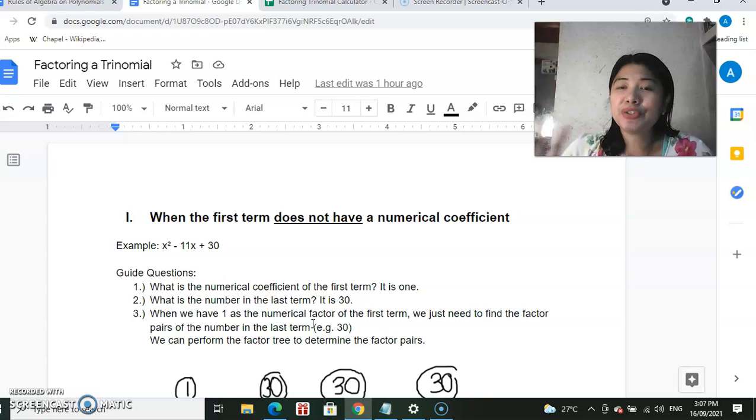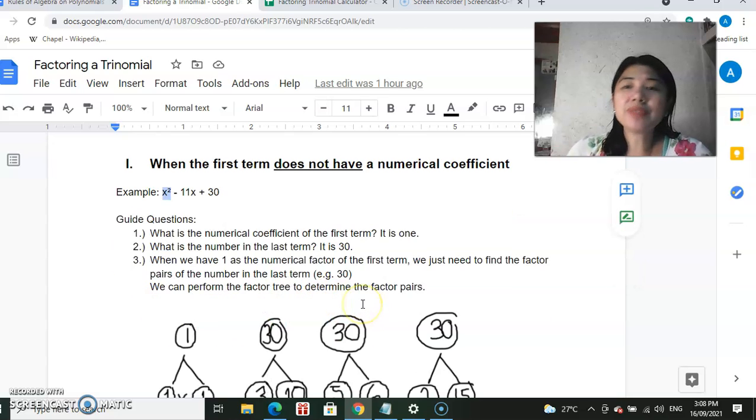There are two major scenarios. The first scenario is when the first term of the trinomial does not have a numerical coefficient, just like this one, x squared. The numerical coefficient for this is just 1. So when I say it doesn't have a numerical coefficient, I'm referring to first terms where the numerical coefficient is really 1.